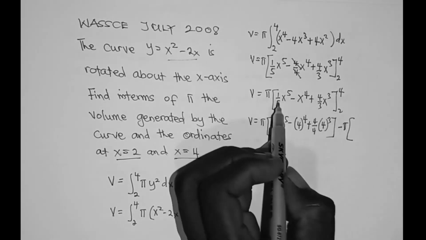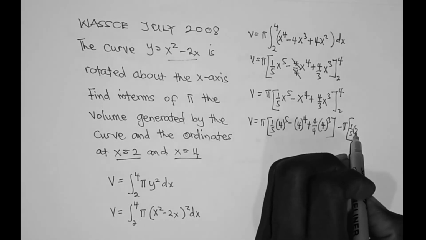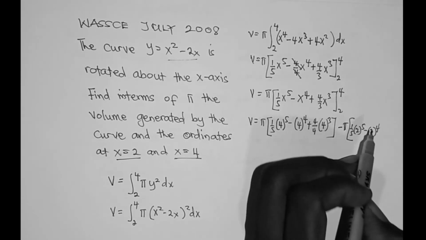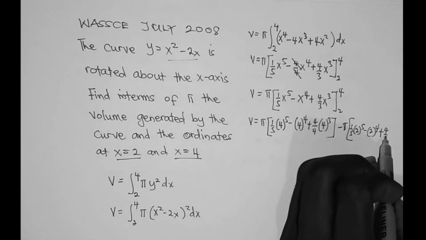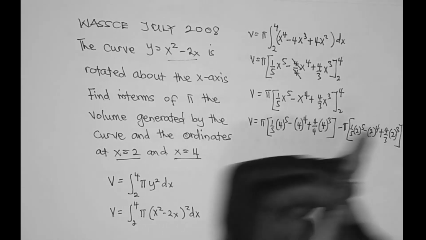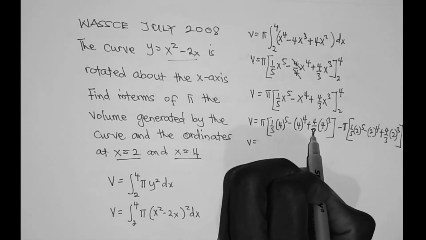Then we substitute the lower limit. It becomes 1 over 5 times 2 to the power 5 minus 2 to the power 4, then plus 4 over 3 times 2 cubed.